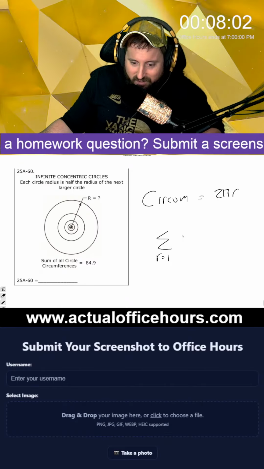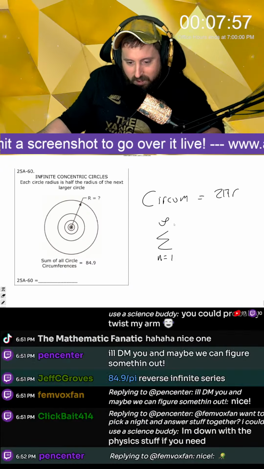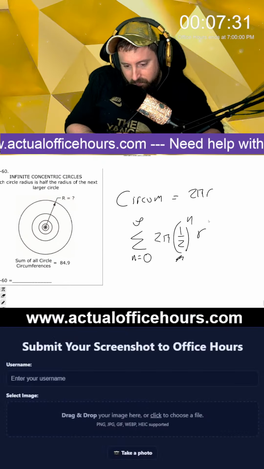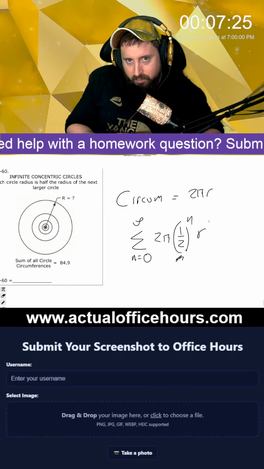Sorry. n equals 1 to infinity, and it's 2 pi r times 1/2 to the n. Or I guess n equals 0. So this will keep cutting the radius down by a factor of a half. Each circle is half the radius of the next largest circle.